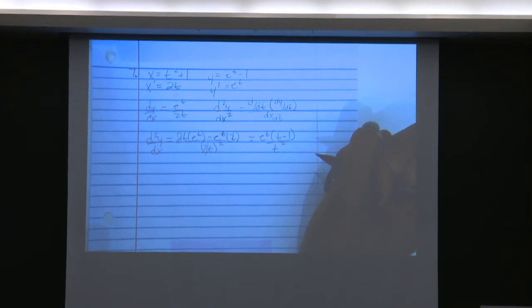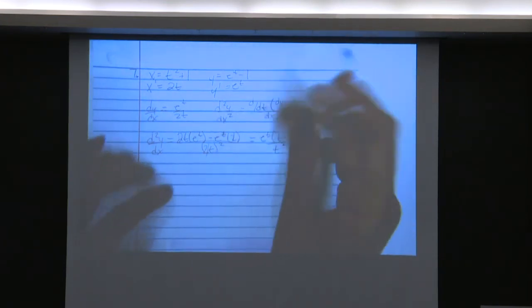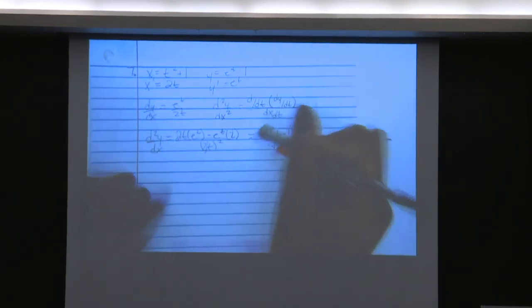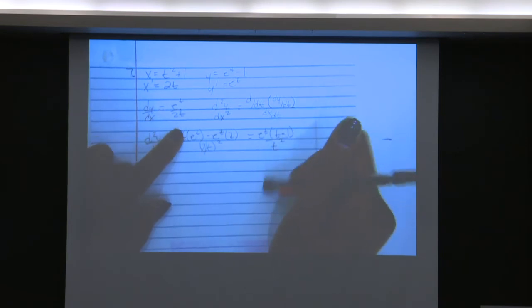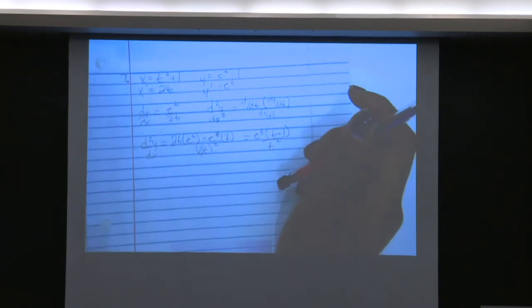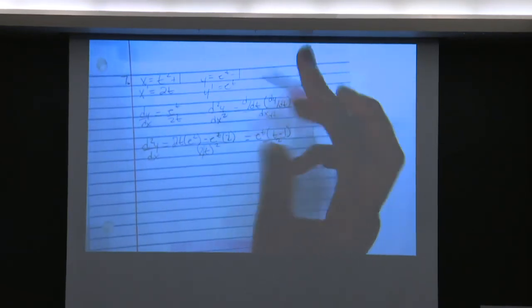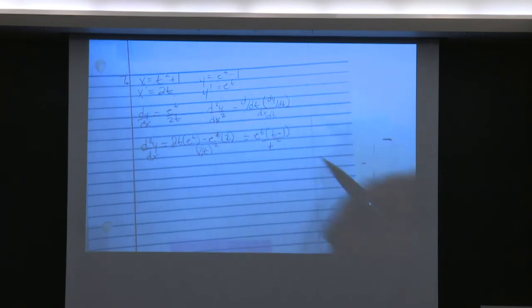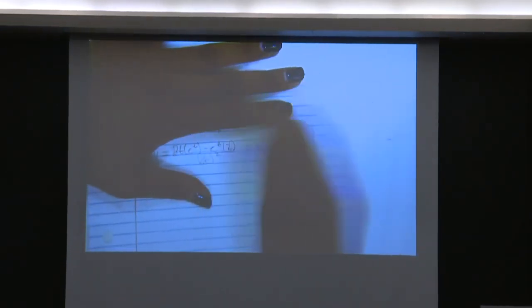Oh, wait. Oh, that's 4. That's why. Two. Hold on. 4t squared. I did something wrong, so I'm not going to do it this way, so I don't confuse myself.